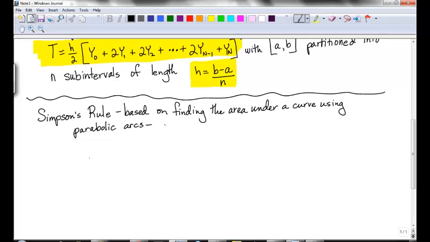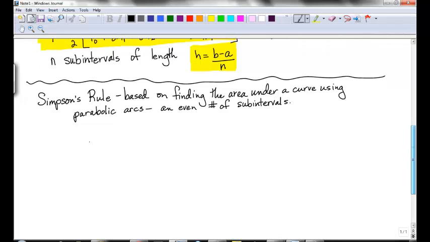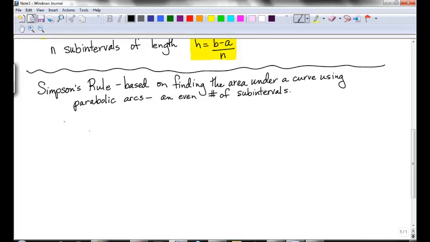And it is an even number of subintervals. So this is only going to work if you divide it up into like 2, 4, 6, 8, an even number of subintervals. So I'm just going to do it with 2. And on this, this is actually the origin.